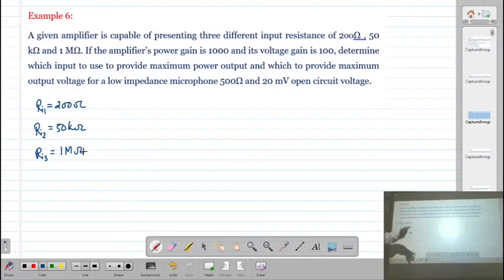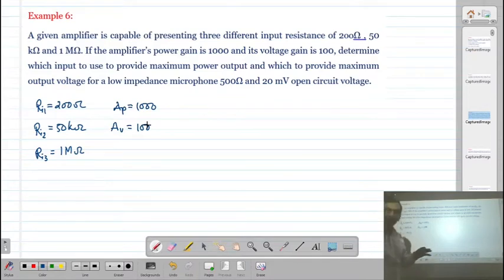If the amplifier's power gain is 1000, here the power gain is given to you as 1000, and the voltage gain AV is given as 100. Determine which input to use to provide maximum power output and which to provide maximum output voltage for a low impedance microphone of 500 ohm.